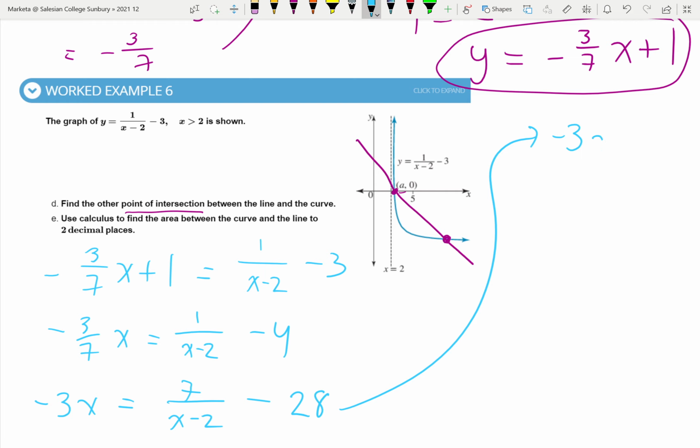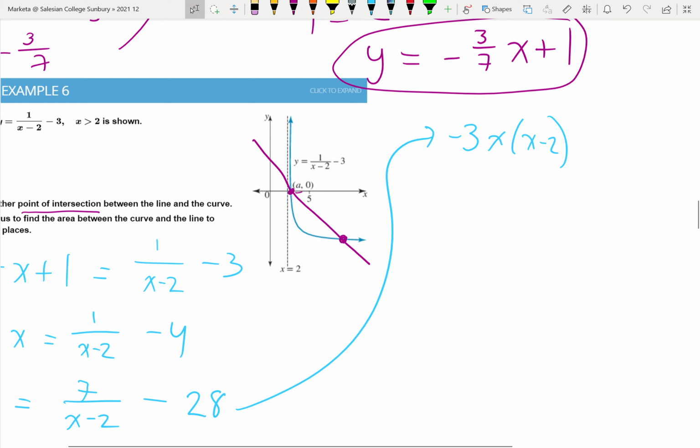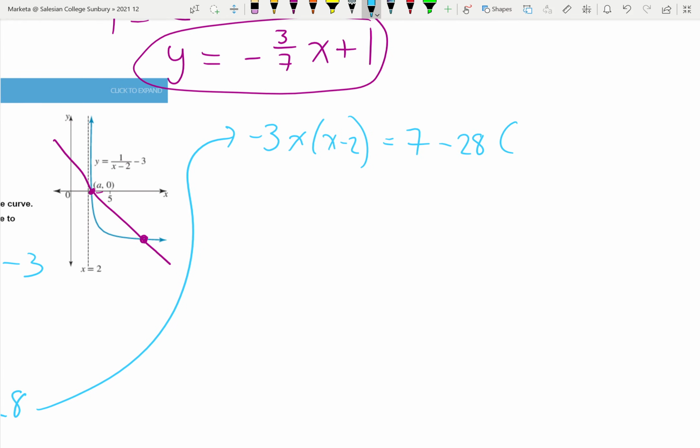So it's going to be -3x times x minus 2. So we're going to be getting a quadratic here, equals 7, and so that will delete the denominator there, minus 28 times x minus 2. And now we will expand: negative 3x squared, or no, plus 6x equals 7 minus 28x plus 56.